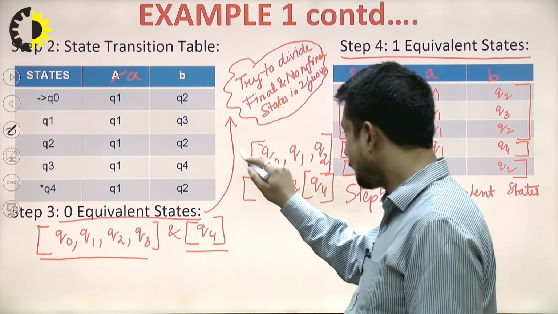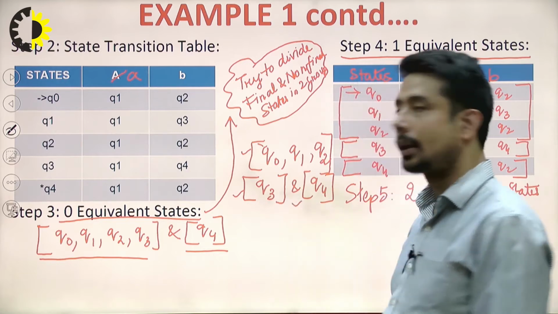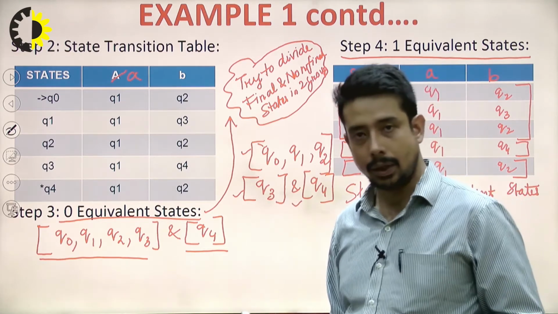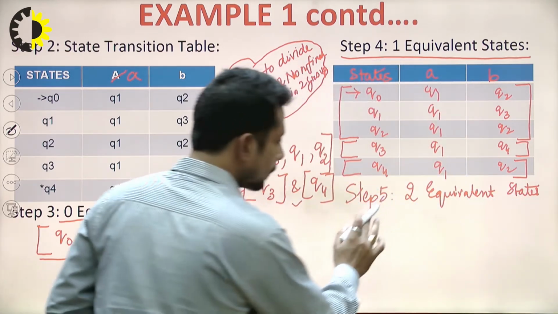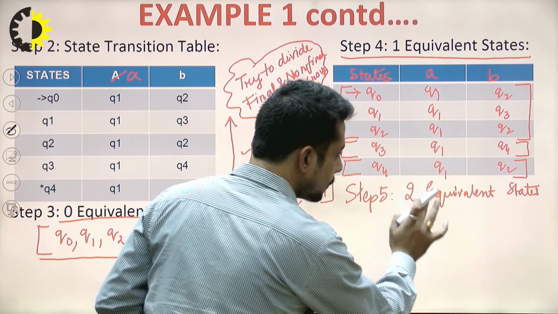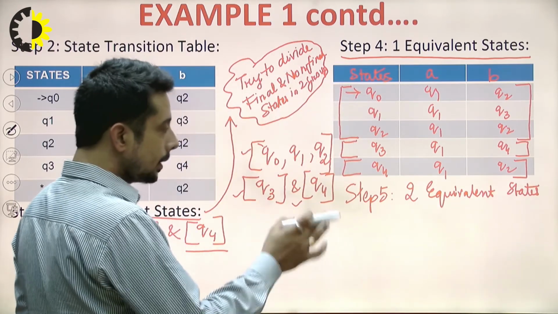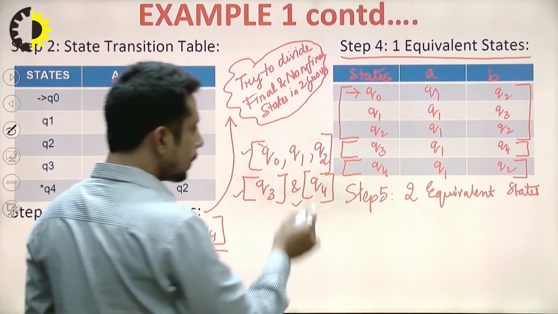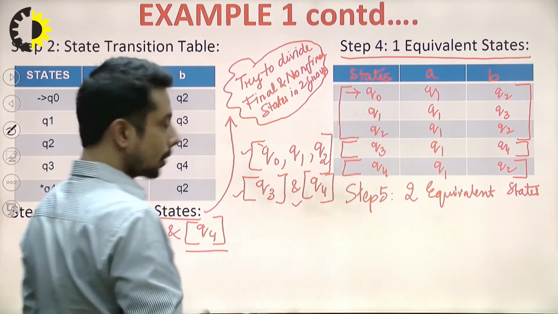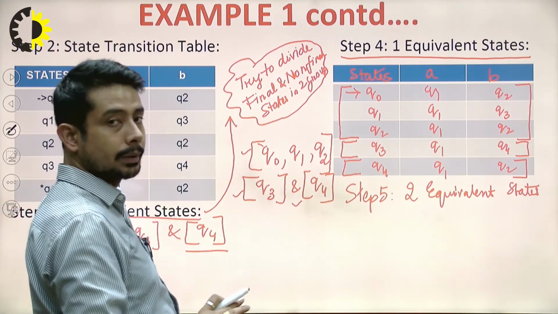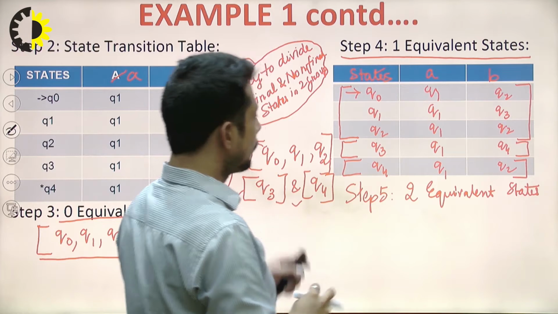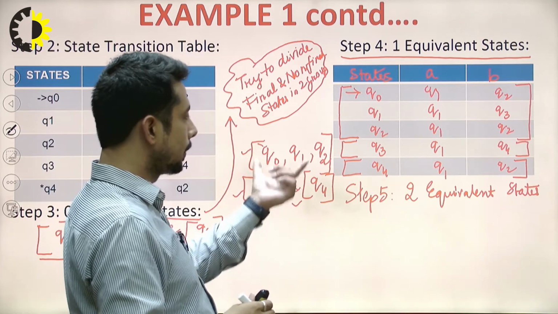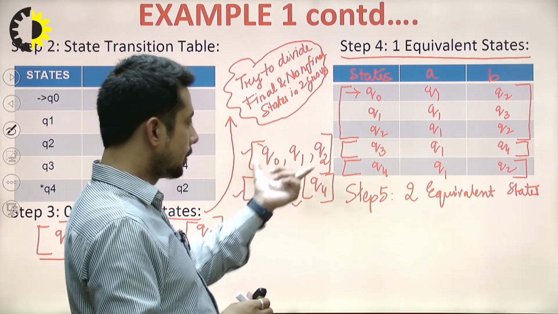That means this one and this one. I hope till here it is clear. Okay. So in step number 5, when we are trying to calculate 2 equivalent states, I need to check the same set or same pair criteria for step number 4, not with step number 3 now. Okay. That means if we look into the groups, how many groups do we have in step number 4? 3 groups we have.